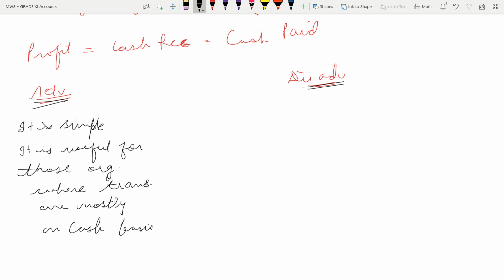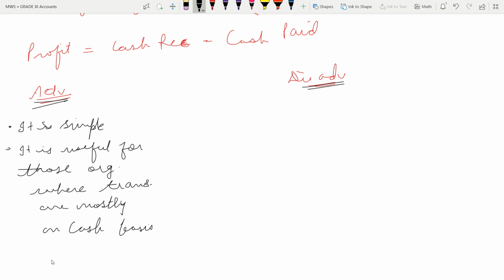There is a particular type of business in which the transactions are only based on cash. Means whenever there will be a transaction, it will be a cash transaction. In that business, it is useful. It is simple and it is useful for those organizations where transactions are mostly recorded in cash.